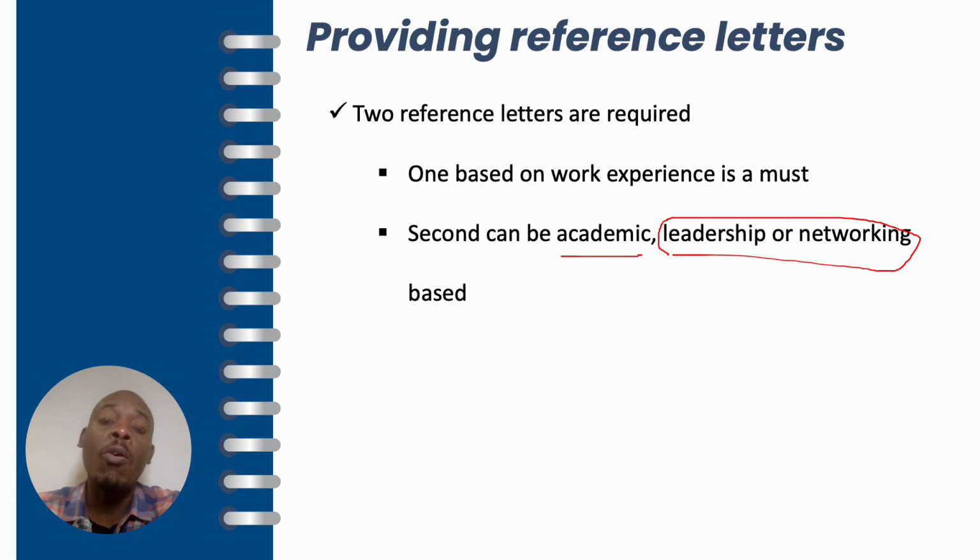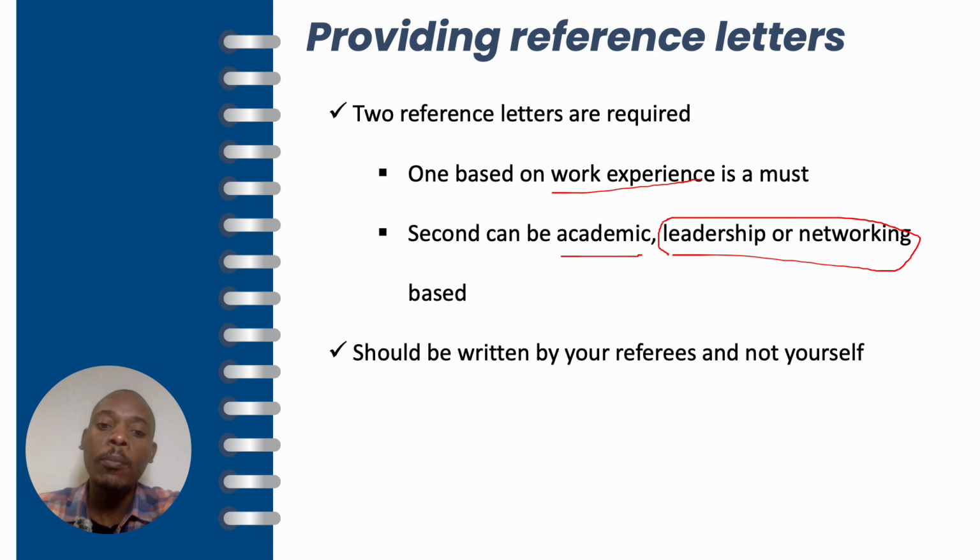So please try by all means to ensure that you provide the reference that shows your readership or your networking involvement in the community, in addition to your work experience reference. That is going to be well aligned with the requirement of the scholarship in terms of its objective.